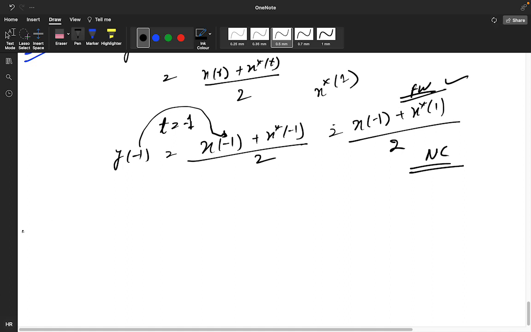Now the fifth one is y of t equals cos x of t. So what will this be? Causal or non-causal?